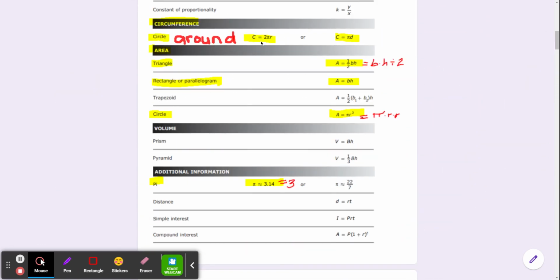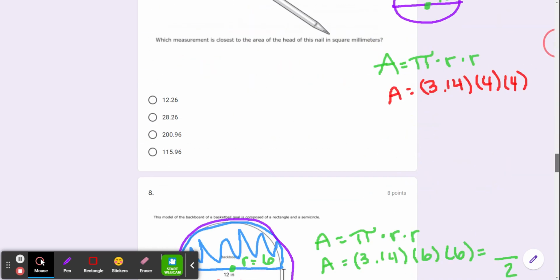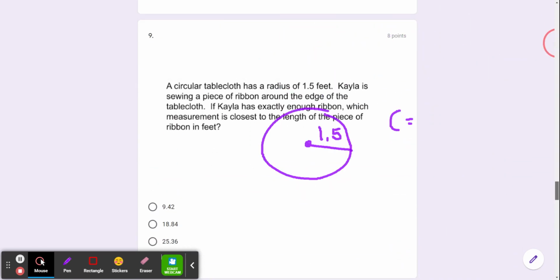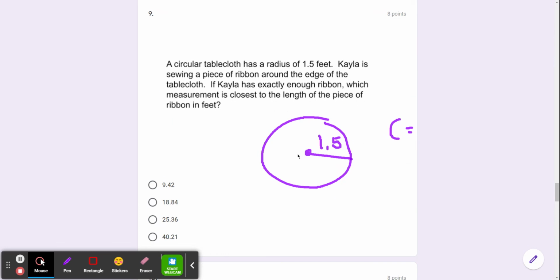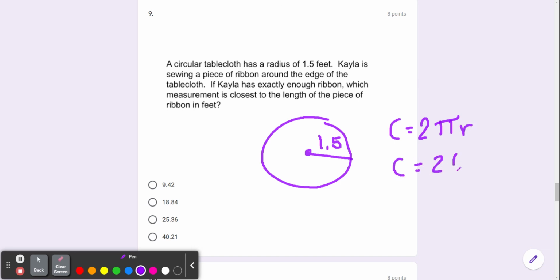Circumference is 2 times pi times the radius. And now I just have to work it out. 2 times pi times the radius. And again, if you want to round that down to 3, that's fine with me. Don't round the 1.5 though.